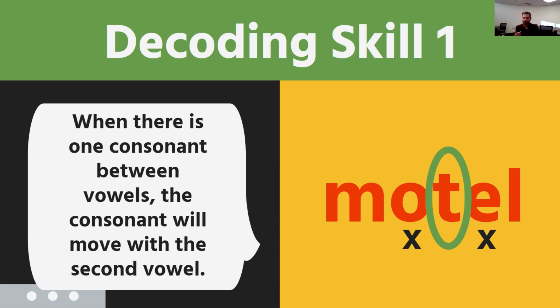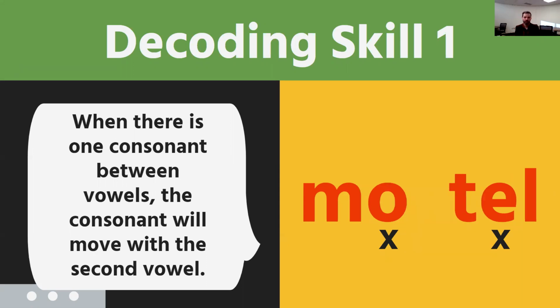So decoding skill 1 says, when there's one, it will run, meaning it will move with the second syllable. So we'll separate this word into syllables like this. The consonant that was right before the second vowel moves with that second vowel. It does not stay with the first vowel.